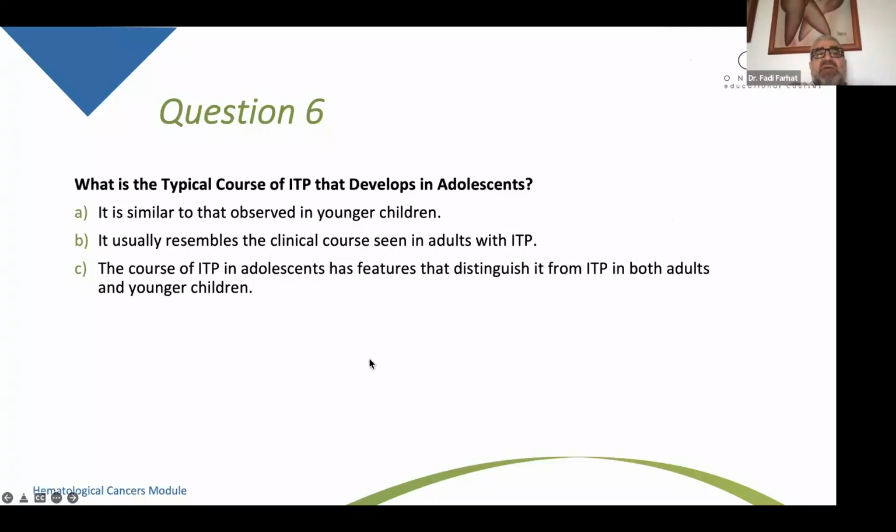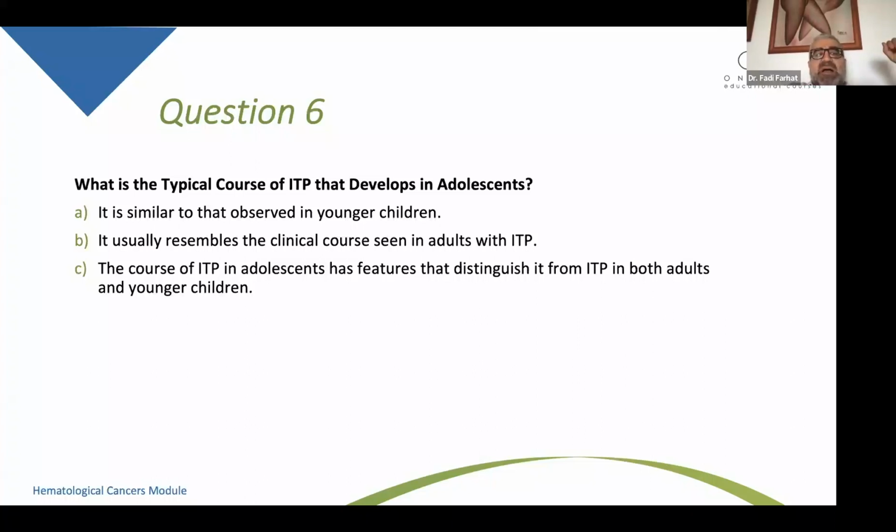I submitted the answer, which I know already. So what's the typical course of ITP for adolescents? Okay, the answers, Vanessa, we shouldn't stop on this question a lot.